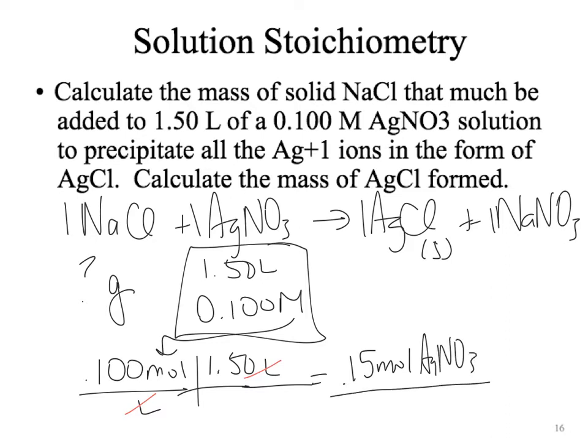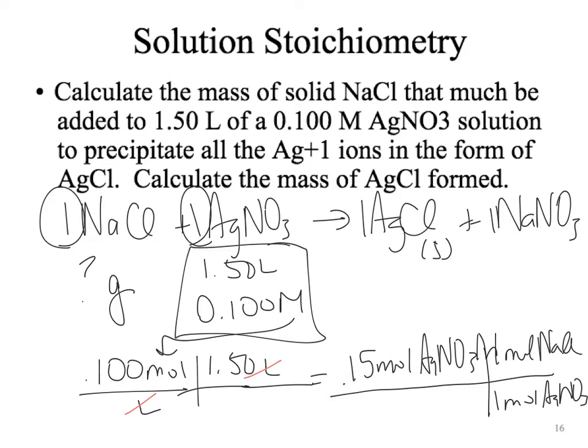Now the next step is super important. You're going to have to look at these coefficients and do the stoichiometry, and you absolutely need to show that stoichiometry. Do not take shortcuts. 1 NaCl. All right, so we're running out of space here, so I'm going to erase it, but as you see, you're going to do 0.15 moles times 1 mole divided by 1 mole.